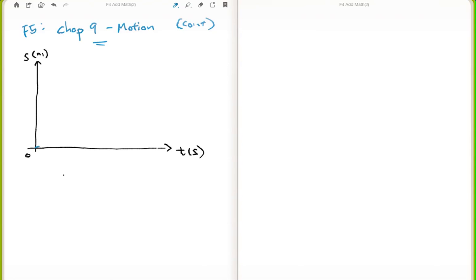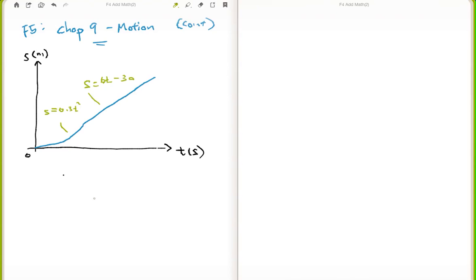So maybe you have a curve initially, and then a straight line, where the straight line equation is s equals 6t minus 30. My curve equation is s equals 0.3 t squared.